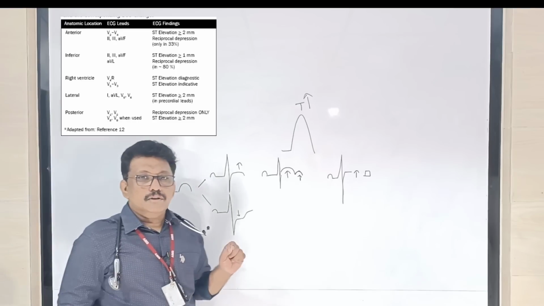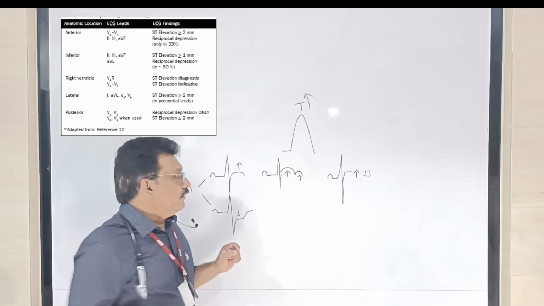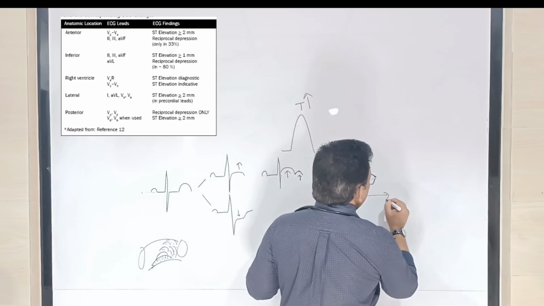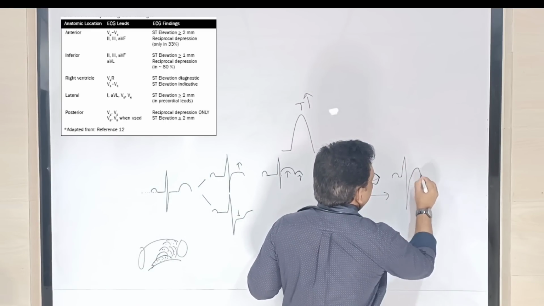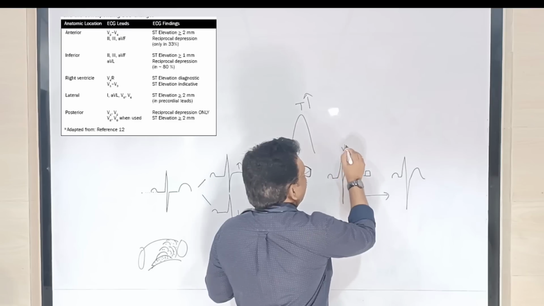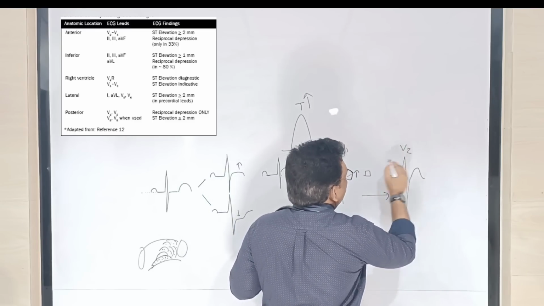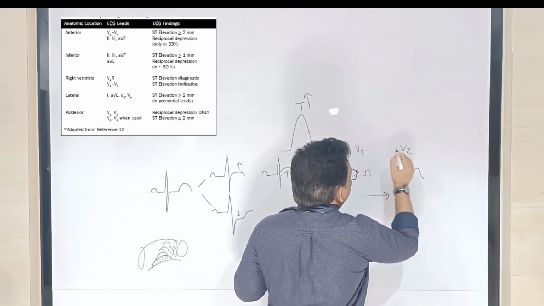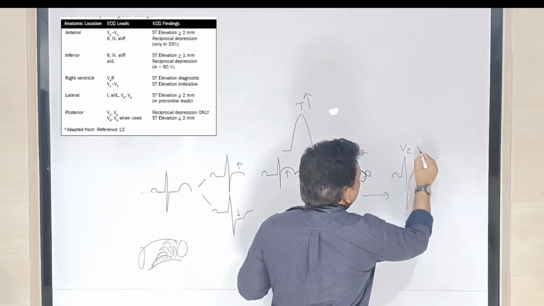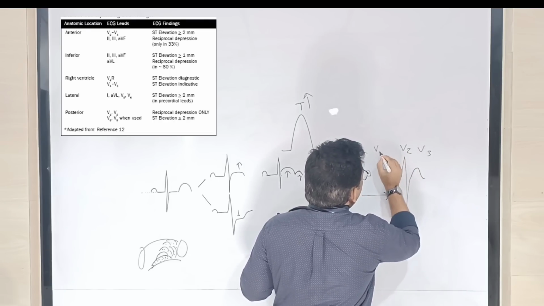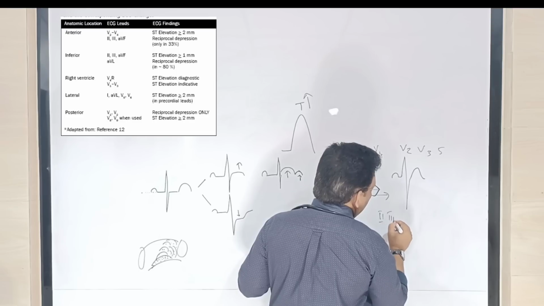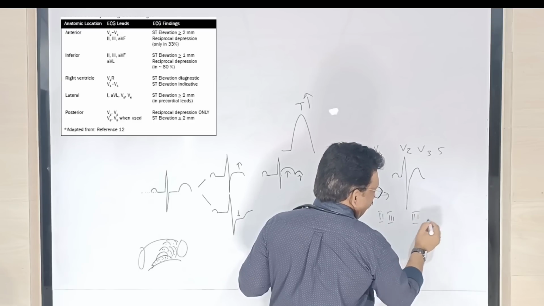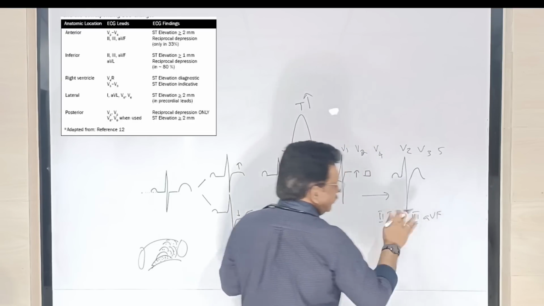So if we are getting 1 small square, and it is in more than 2 consecutive leads, like V1, V2 or V2, V3 or V4, V5 or 2 and 3 or 3 and aVF, they are continuous leads.